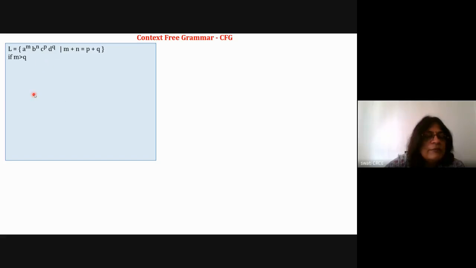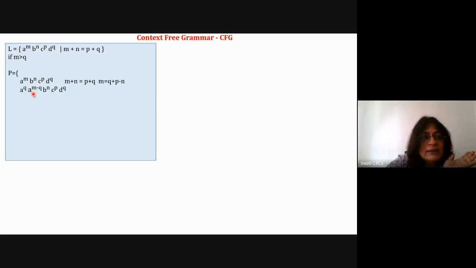So for first time, if I'm assuming M is greater than Q, then number of A's are greater than number of D's. Okay, so I can rewrite this A raised to M, and I'll say that for my word, I can write the word as A raised to Q, because M is greater than Q, so A can be there for Q times, and A will be there for M minus Q times.